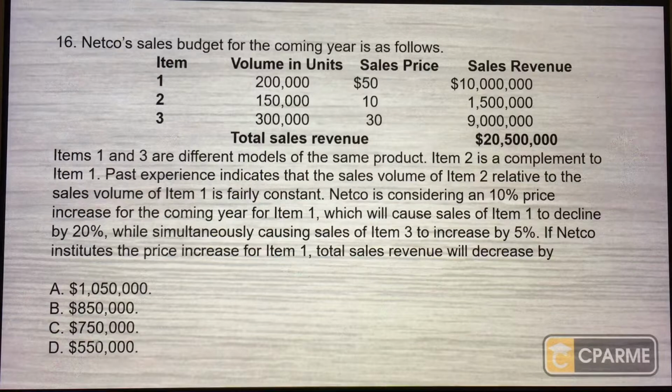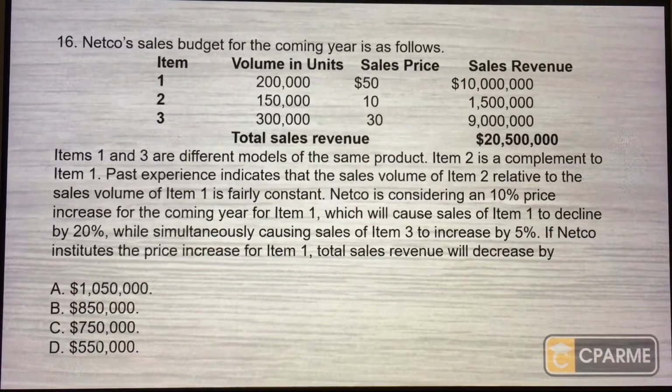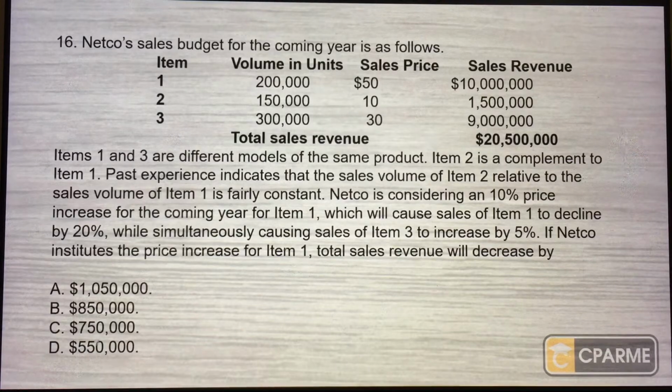Then Netco is considering a 10% price increase for the coming year for item 1, which will cause sales of item 1 to decline by 20%. So the price of $50 for item 1 will increase by 10%: 50 times 1.10, so that we incorporate the 10% change in the selling price.